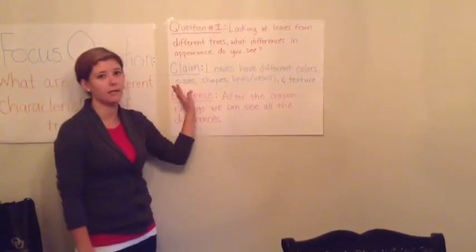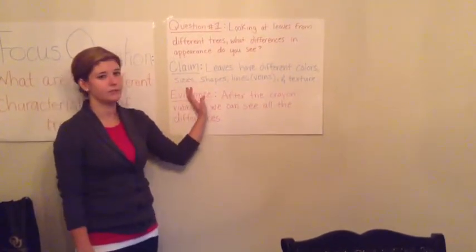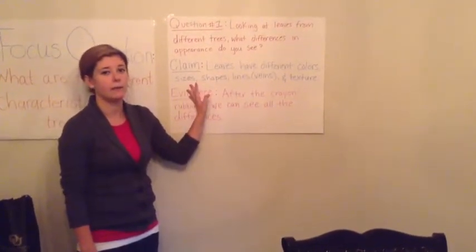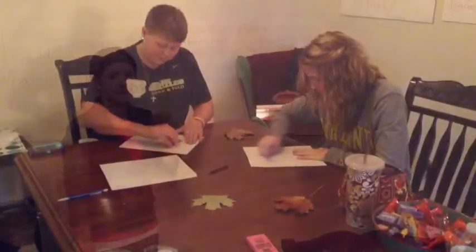So we have our claim here that leaves have different colors, sizes, shapes, lines, and texture. And the way we're going to test that is to do leaf rubbing.